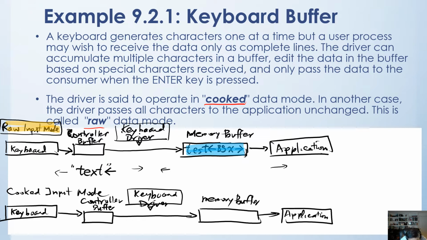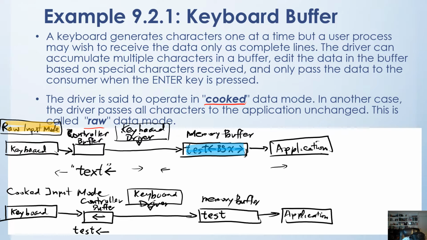Initially, the user typed wrong, typed TST. The user finds it's wrong, so you type the left arrow.